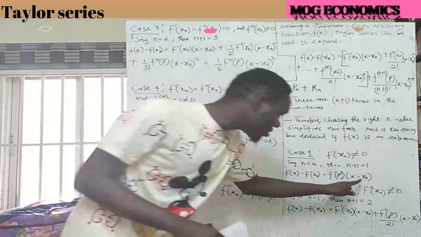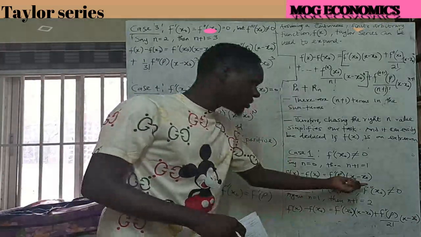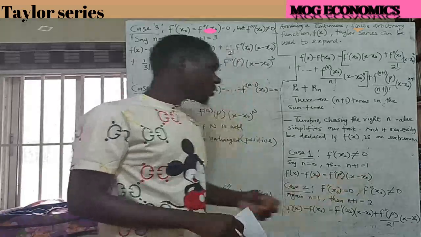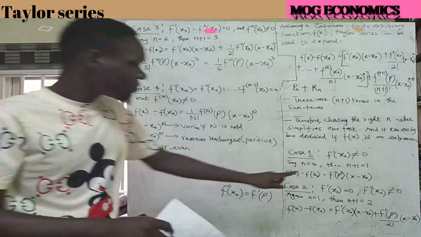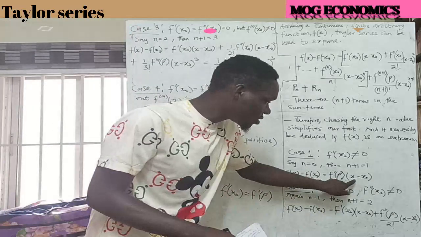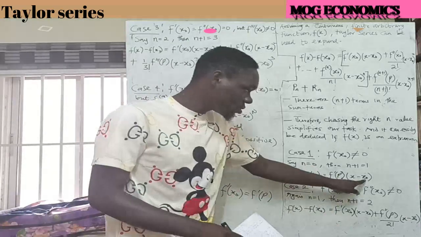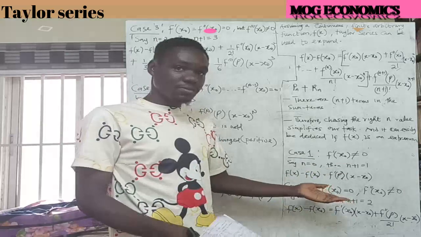But for this one, the difference is to decide whether this is a minimum or maximum. From our graphical illustration in the last class, if this value chosen either to the left or to the right is lesser than this value, that means it's a maximum and it is negative.